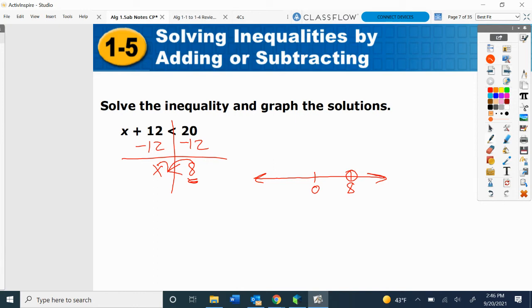And then x is less than 8, so we're going to draw an arrow that goes to the left to show that x can be any number smaller than 8. All right, and that's how we're going to graph it in this class. We'll put the 0, the number where it would go, and then we'll put wherever our arrow is going to go. All right, let's check out some more.